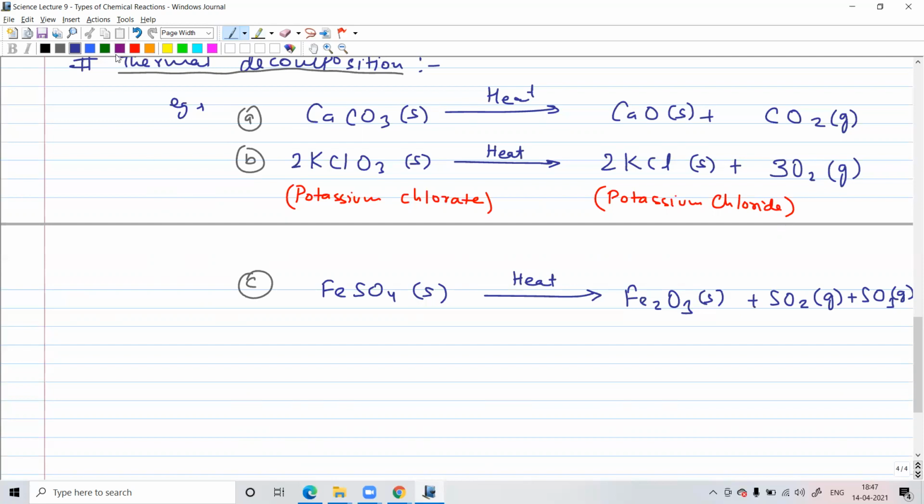Okay, so this particular reaction, I want you to remember a few things about it. The name of this compound is ferrous sulfate. And this compound is green in color.